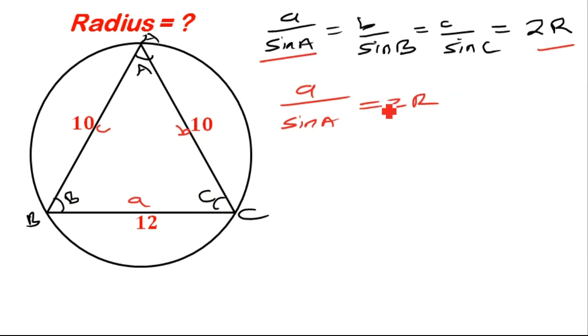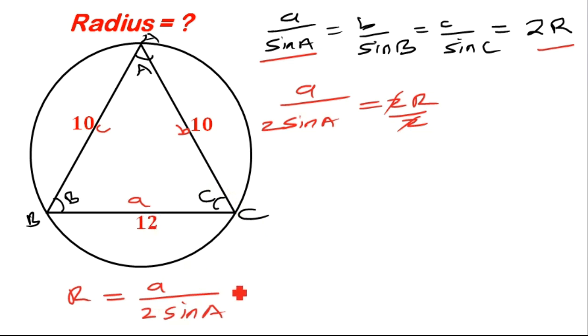Now for you to get r, we will simply divide both sides by 2. So we remain with r, the radius, equal to a over 2 sine A. We already know a is 12.